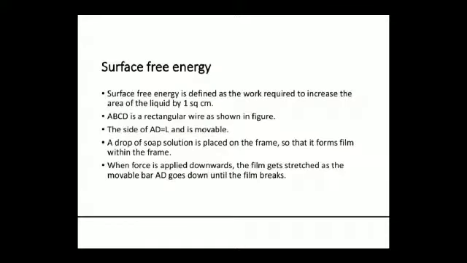The side AD is movable. A drop of soap solution is placed on the frame. This forms a film within the frame. When force is applied downwards, the film is stretched as the movable bar AD goes down until the film breaks.